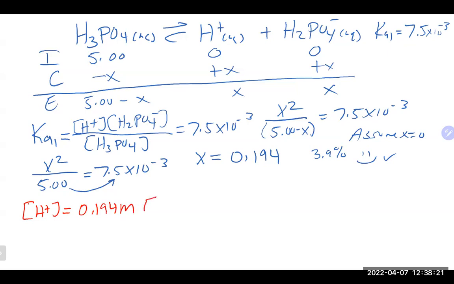We also know that the concentration of H2PO4 minus also equals x, which is 0.194 molar. And we know that the concentration of H3PO4 at equilibrium equals 5 minus x, which is 5 minus 0.194. Looks like I will call it 4.81.